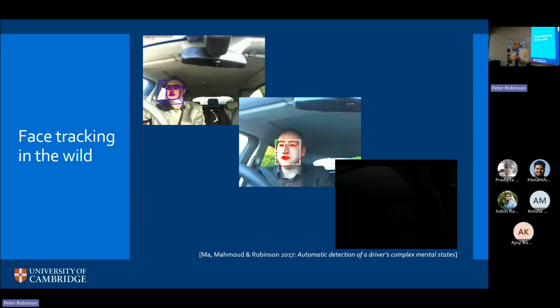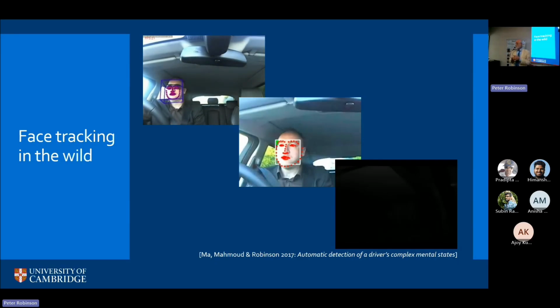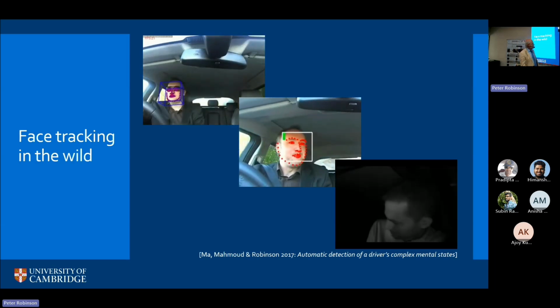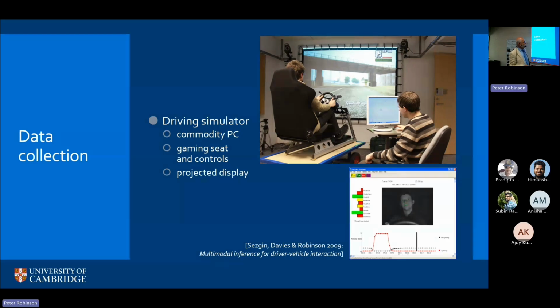What we really wanted was extreme trials where they had accidents, but it's quite hard to get ethical approval to send drivers out onto the public roads to have an accident. So we decided to try and record it in the laboratory, and we heard about this earlier. We set up a driving simulator where, of course, we can instrument the person as much as we like, and we can change the conditions in which they're driving.